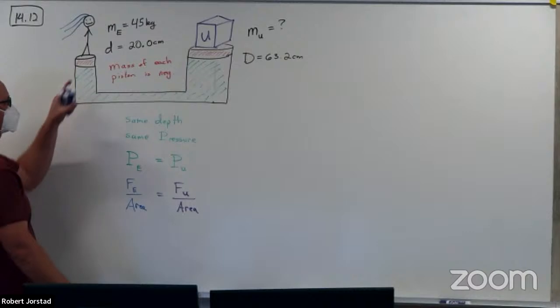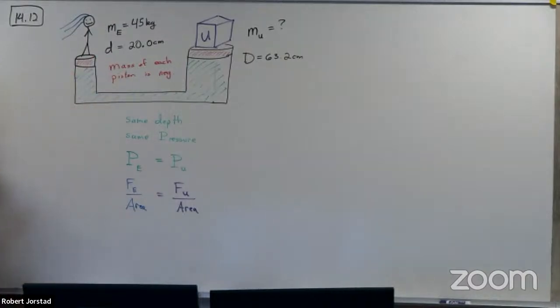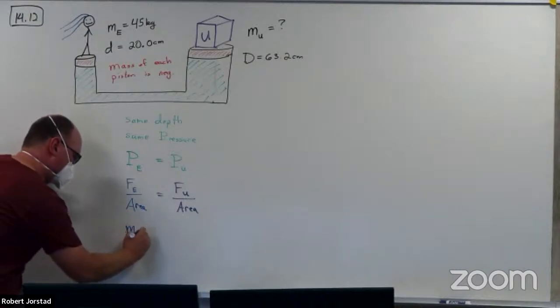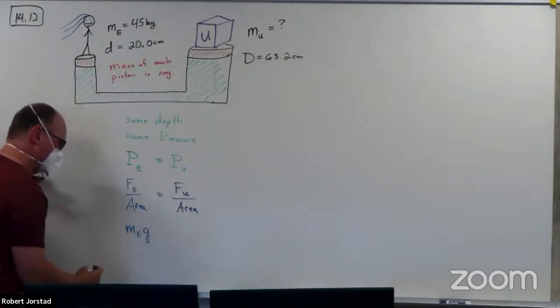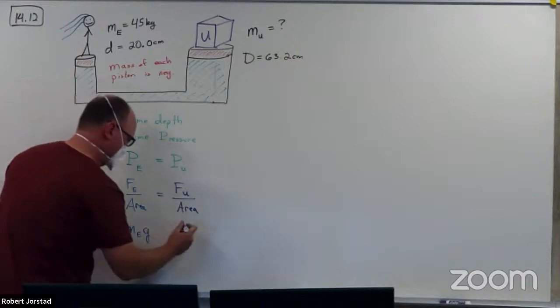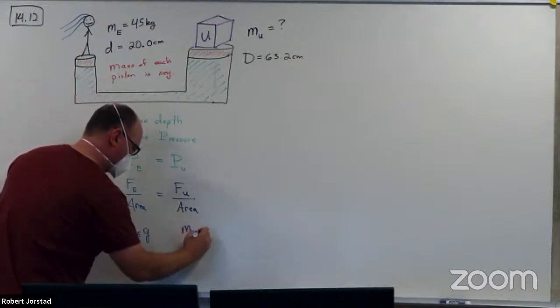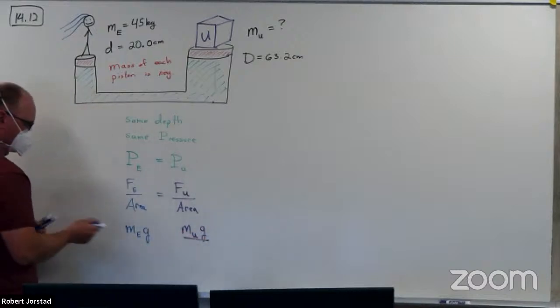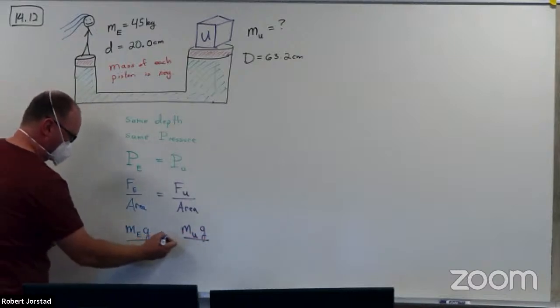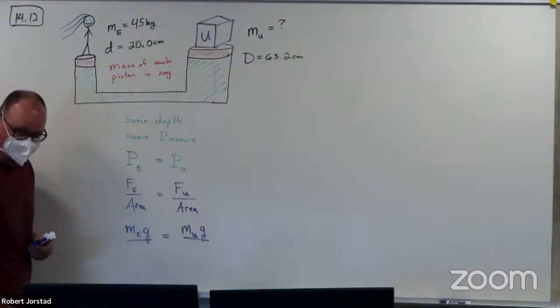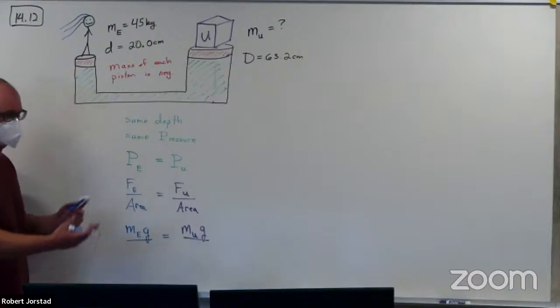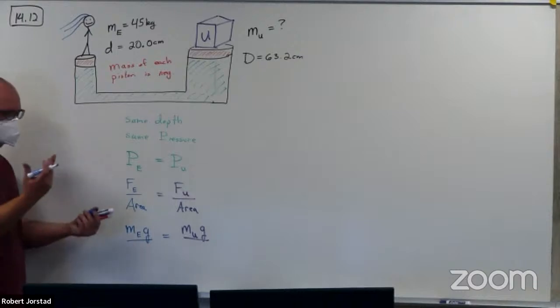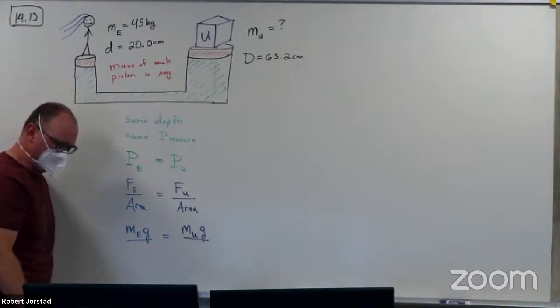What's the area in terms of the diameters? How does area relate to diameter? Do you remember? Week 1? If this is a circle, what's the area of any circle? Pi r squared.